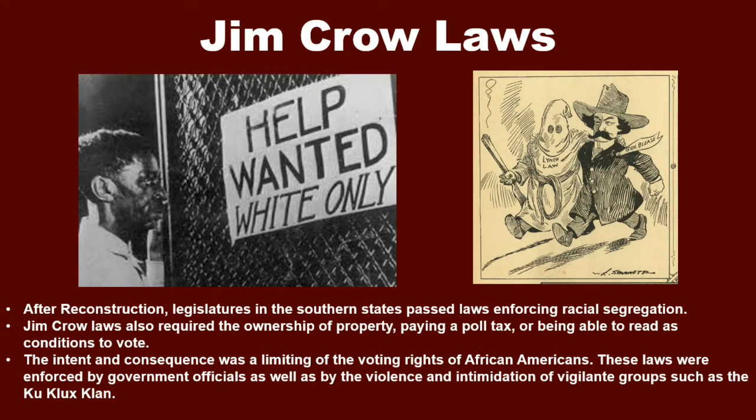And because of this, the point of what they're doing is they're trying to limit who can vote. They're trying to keep African Americans from being able to vote. And these laws are going to be enforced by government officials, and then as well through intimidation tactics by groups such as the KKK.